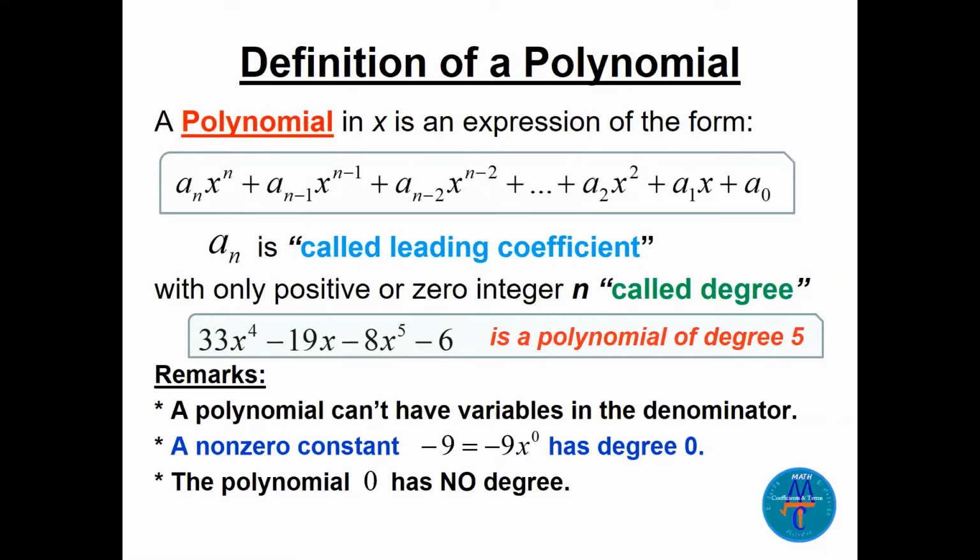So each polynomial has a degree, except the polynomial 0. If you have only polynomial 0, it has no degree. But if you have the polynomial minus 9, it has degree 0, because minus 9 is the same as minus 9x power 0. Now, one important word, the leading coefficient.